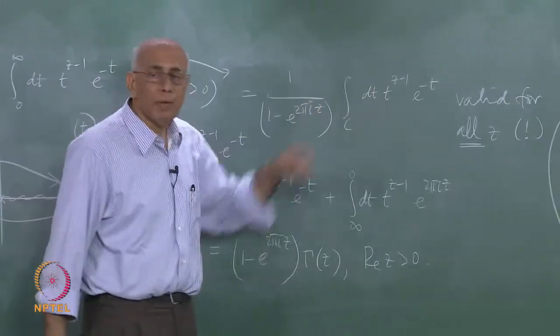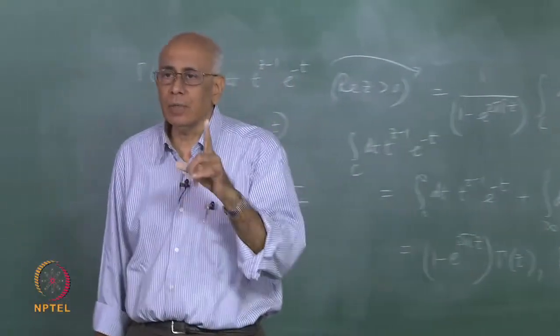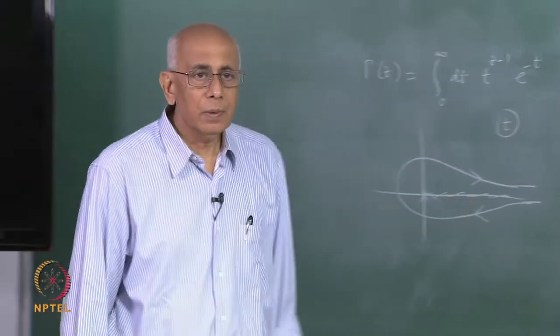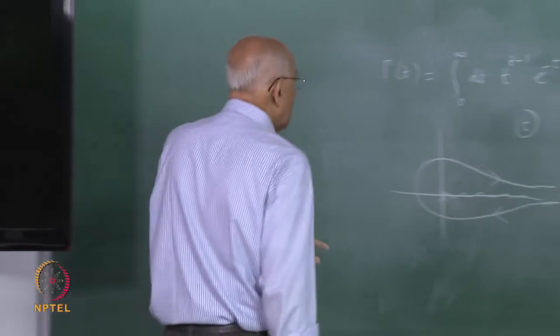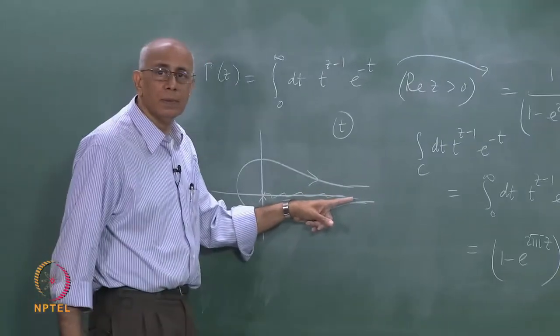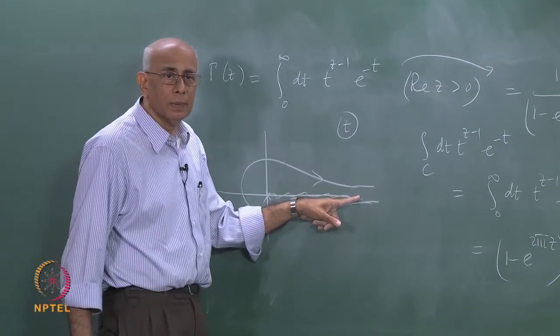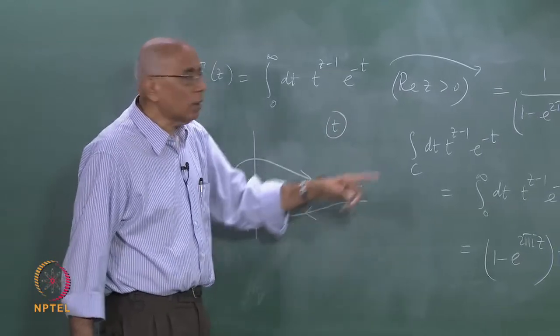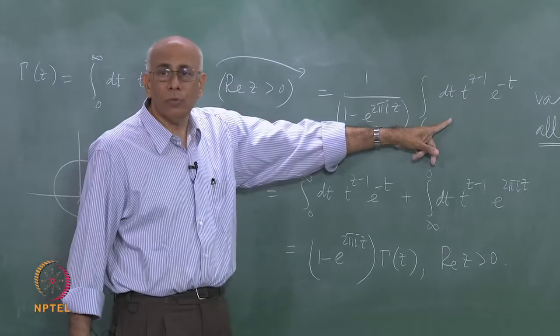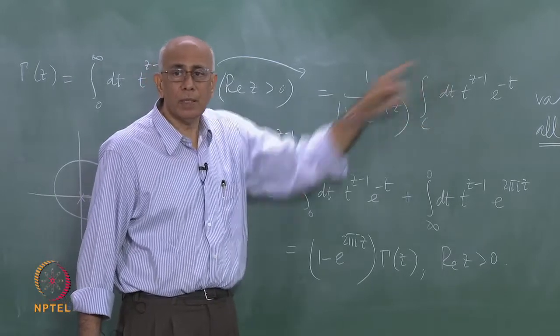What happens if I put z equal to a negative integer, including 0? What happens to this branch cut? Suppose z equals minus 3, then you have dt over t to the power 4 e to the minus t.